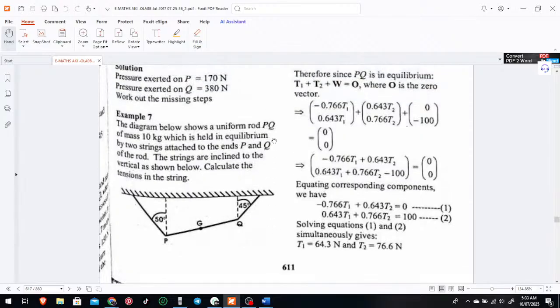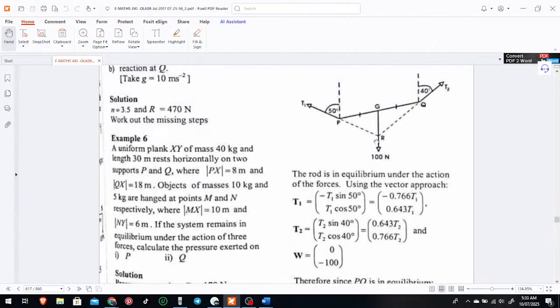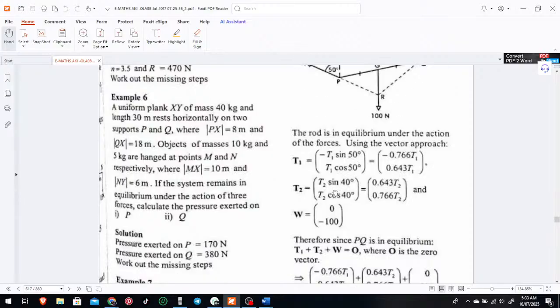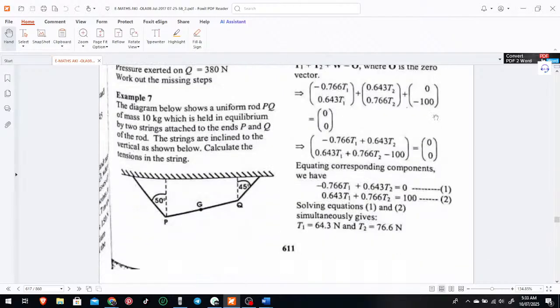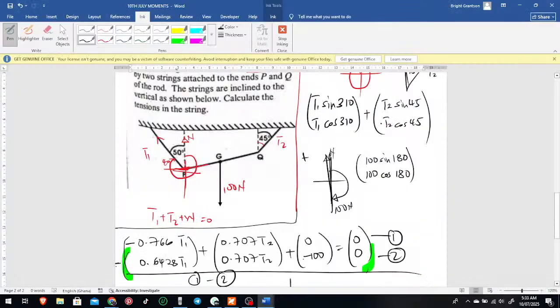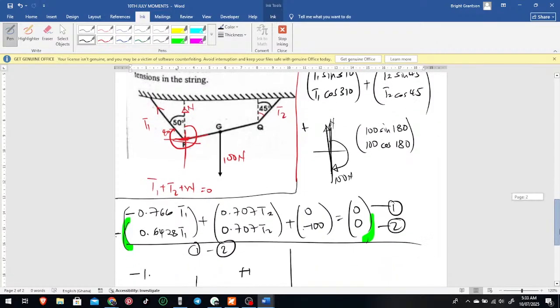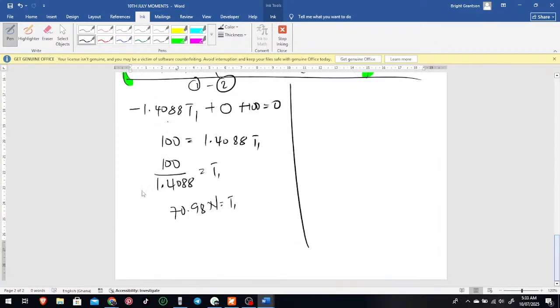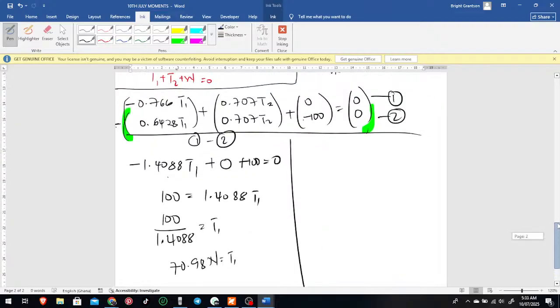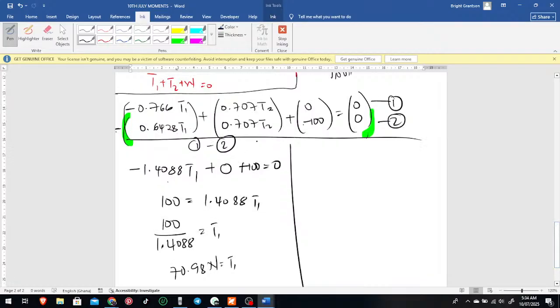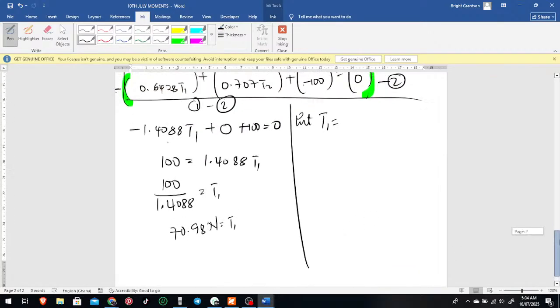You see, the diagram, instead of using 45, they use 40 right here. So they made a mistake, they used 40. So you are right, it should be 45. So then after that, go and put it inside one of the equations. Put it in equation 1. T1 is 70.98.